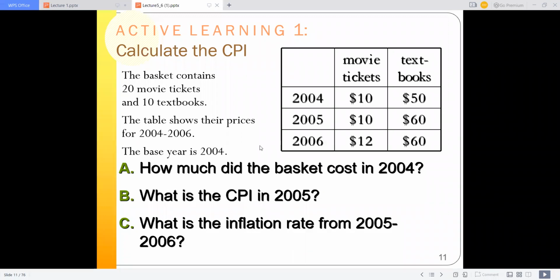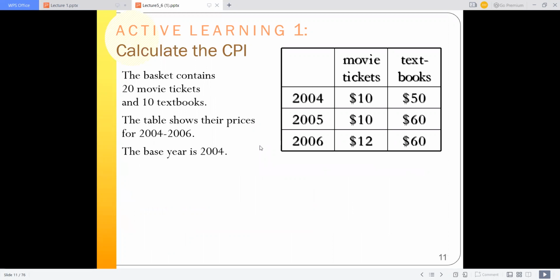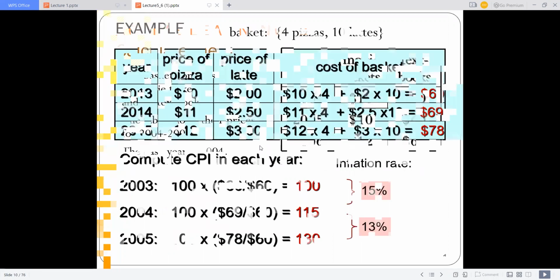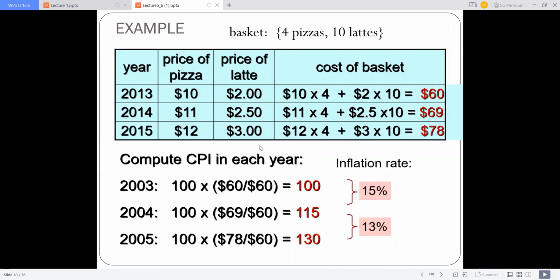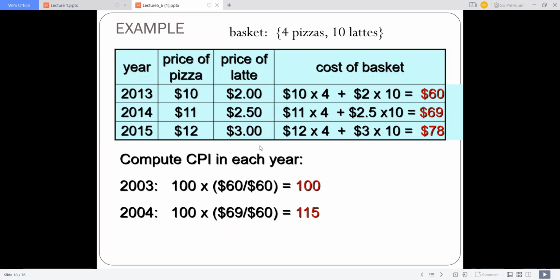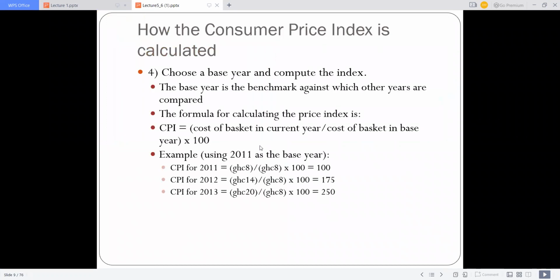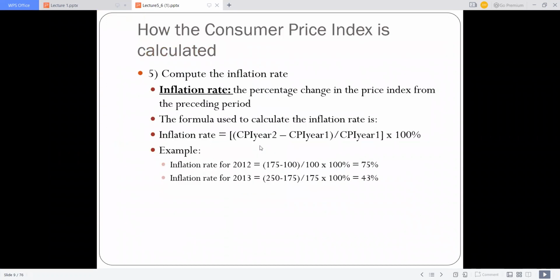Let me give you evidence from the slide we just did. Let me use this one as an example. Find the difference between this and this for me.